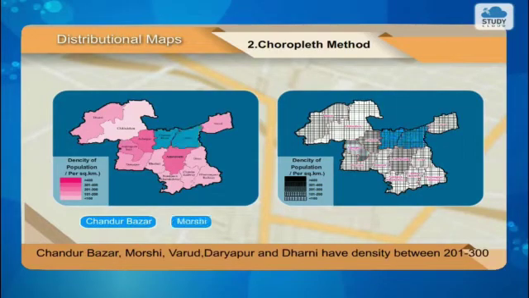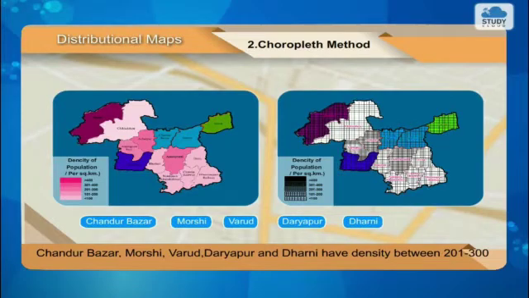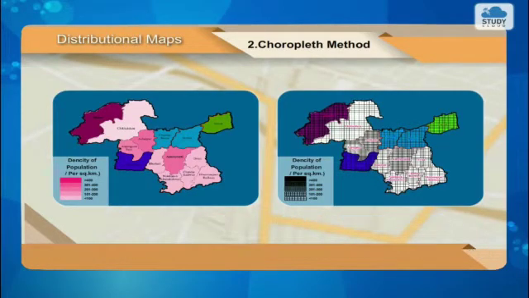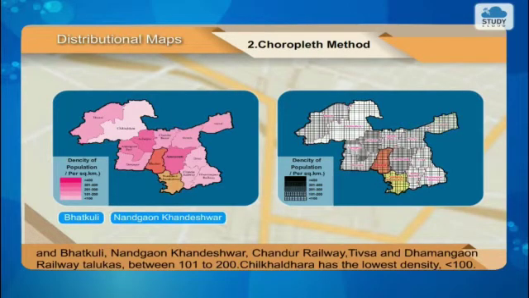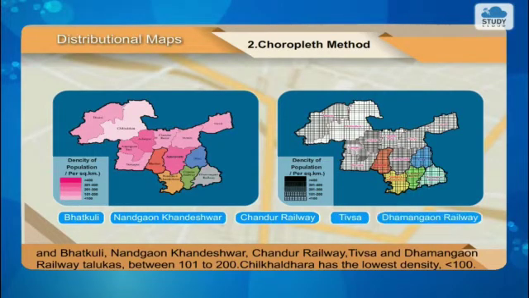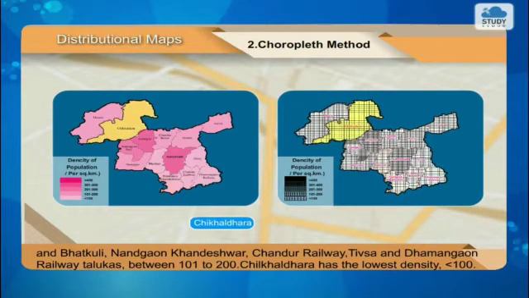Chandur Bazar, Morshi, Varud, Daryapur and Dharni have density between 201 to 300 and Bhatkuli, Nandgaon, Khandeshwar, Chandur Railway, Tirsa and Damangaon Railway talukas between 101 to 200. Chikaldhara has the lowest density, less than 100.